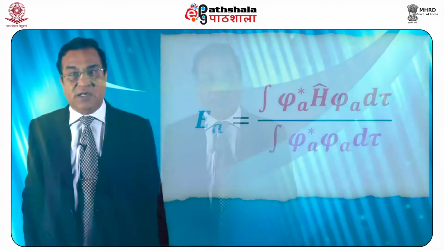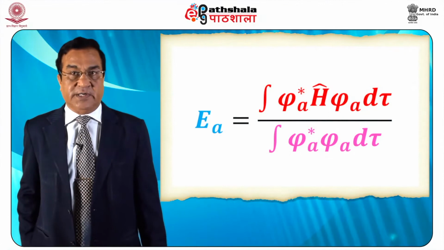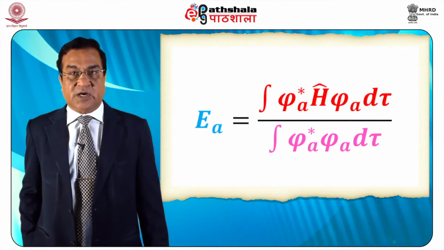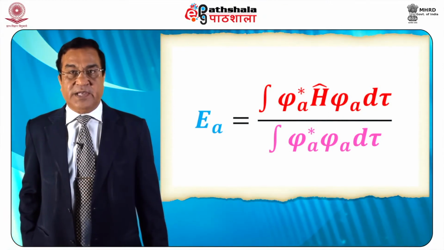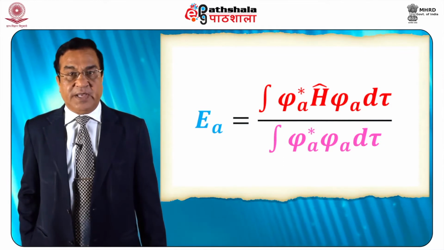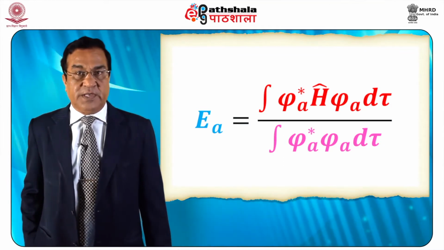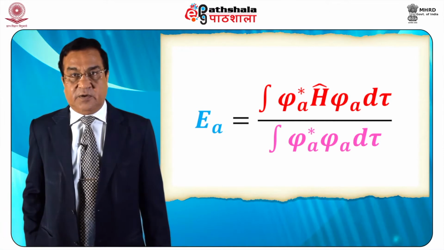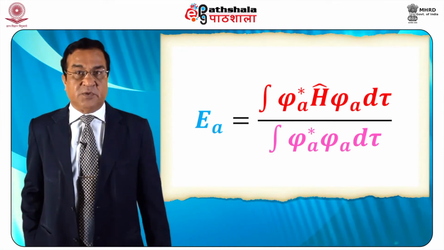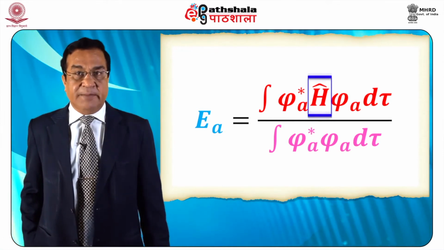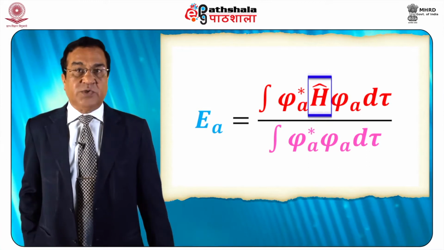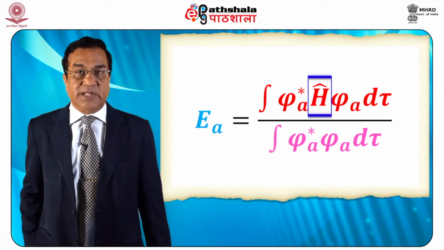The approximate energy in this method is given by the following relation: E_A equals the integral of phi_A star h cap phi_A d tau divided by the integral of phi_A star phi_A d tau. In this, please note that h is the Hamiltonian and we don't need to define the Hamiltonian exactly.